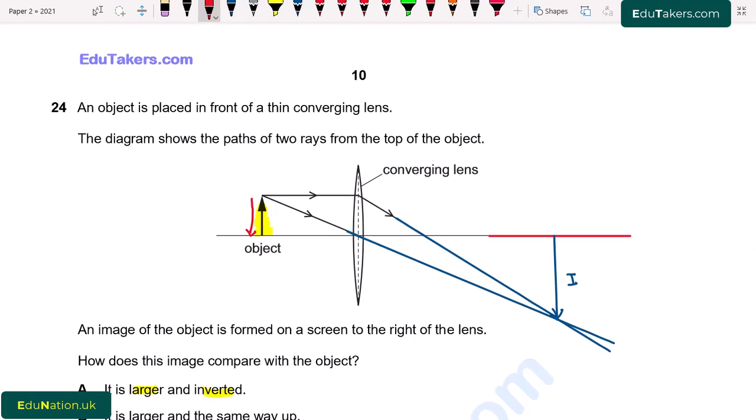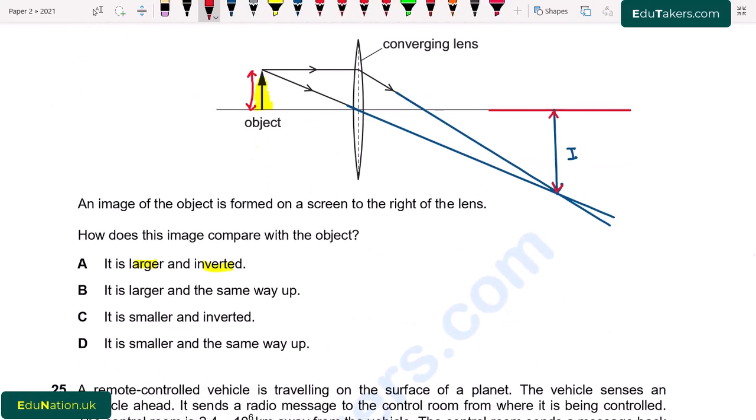This distance or height is the size of the object, while the height from this point to this is the size of the image, and we can see that the size of the image is larger as compared to the size of the object. Next, this image is inverted because the object is in the upward direction while the image is in the downward direction. So that's why option A is correct, which shows that the image is larger and inverted.